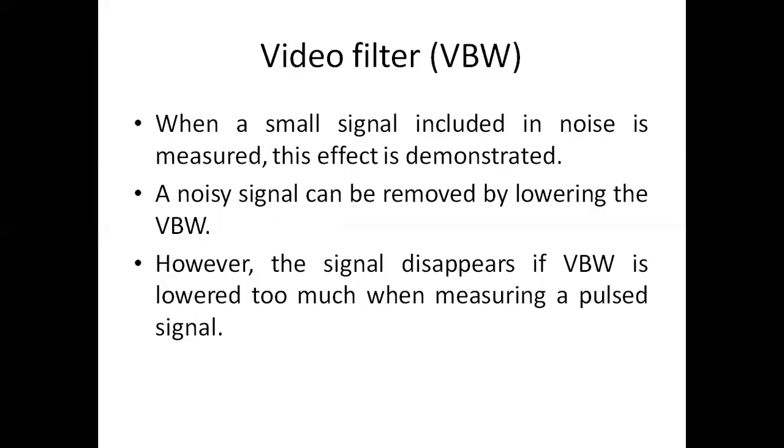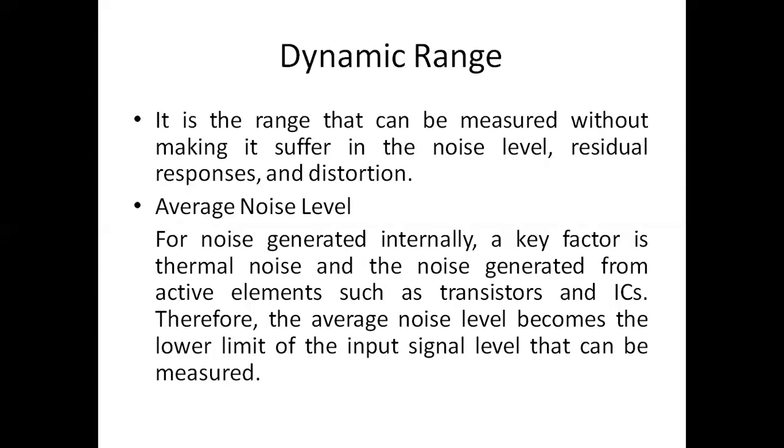By lowering the VBW, we can measure the signal that is present in the noise. But if we decrease the value of VBW too much, the signal will disappear. So an optimum value of VBW needs to be maintained.